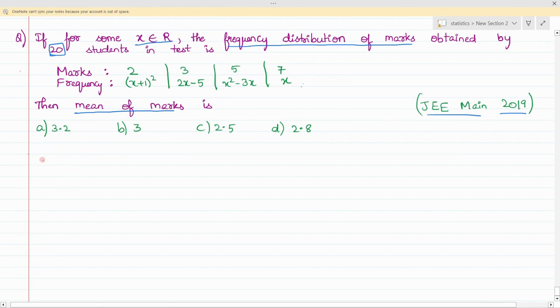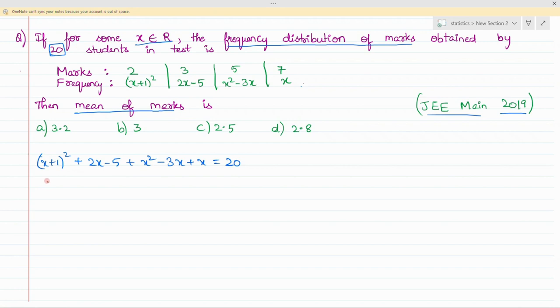So let's use that. So it becomes x plus 1 whole square plus 2x minus 5 plus x square minus 3x plus x is equal to 20. Let's simplify this. It becomes x square plus 1 plus 2x. This 2x plus x is 3x, which cancels with this minus 3x. Minus 5 plus x square is equal to 20.